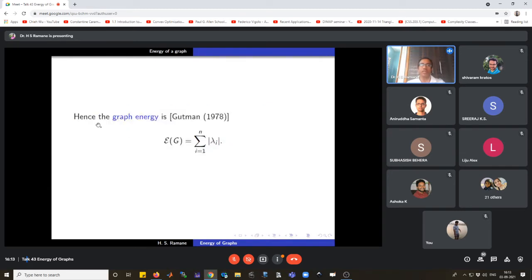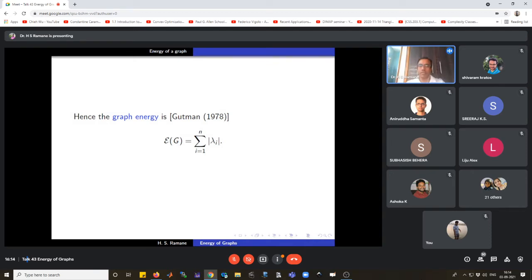Thus Gutman put forward the graph energy in this form. Here lambda i are the eigenvalues of the adjacency matrix of a graph. In general, if lambda 1, lambda 2, ..., lambda n are the eigenvalues of any graph G of order n, then the energy of that graph is defined as the summation of mod of lambda i over all eigenvalues.